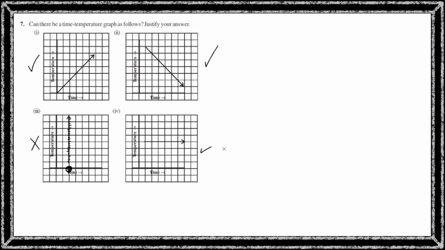So the temperature can be the same without increasing or decreasing as time progresses. So that is also possible. So of the 4 graphs, third graph is not possible. That is, any particular entity cannot have infinite values of temperatures at a given point of time.